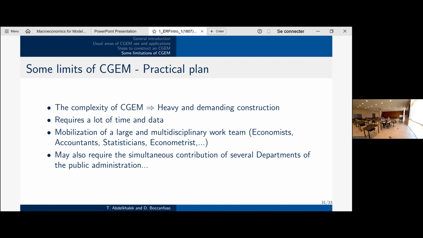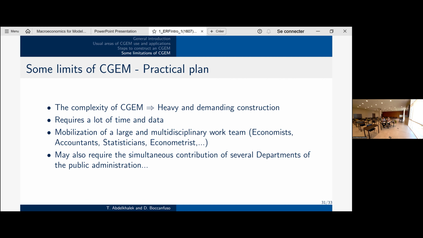This is the part on theoretical aspects. Now, I have given you all the limits at a practical level. I think you understand now the complexity of a CGE model. It's a highly demanding construction. This is not a limit for you. You are here to understand and to go ahead and to construct your model. It's a good thing. It's good news.